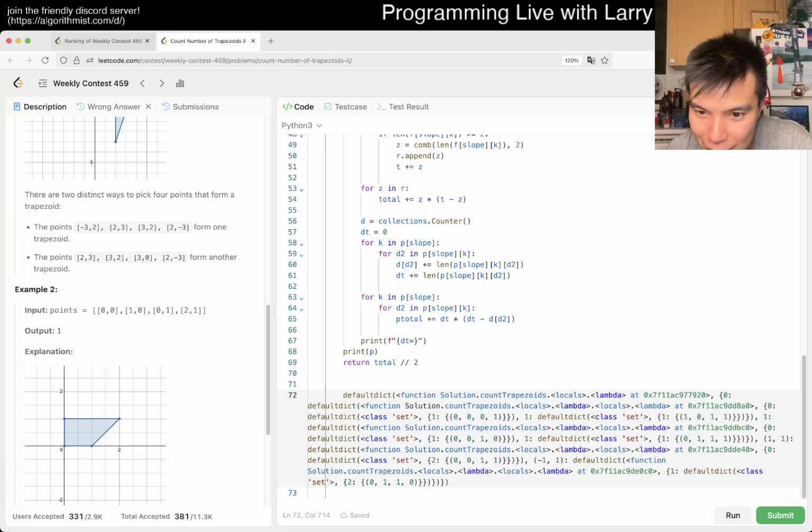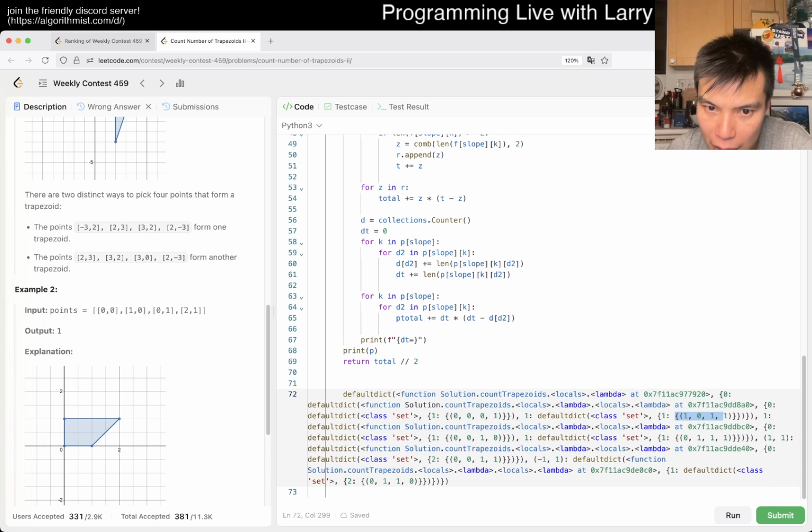But okay, so you have this line and you have this line on different intercepts, or I call it intercepts, but in this case it's not, with a distance of 1 and 1. Right, so that's actually kind of what we want. So then why is it not, so dt is going to be 2. So then what, dt minus d1, oh, is it this, actually?